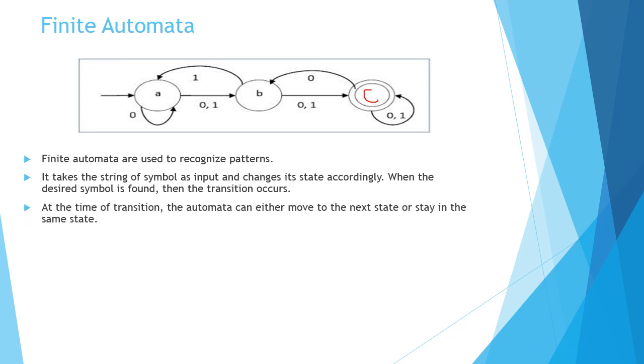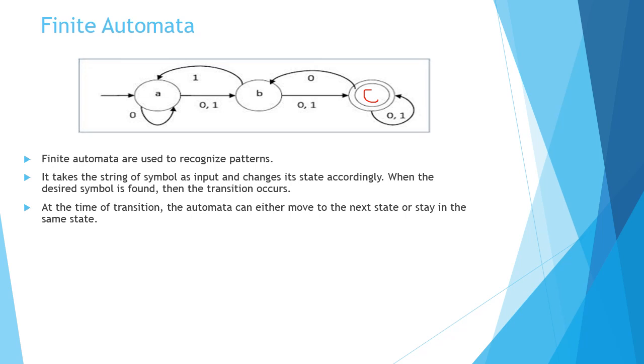At the time of transition, the automata can either move to the next state or stay in the same state. In this case, for the input 0, we remained in the same state, that is A, but for the input 1, we moved to the state B. So what does it mean?